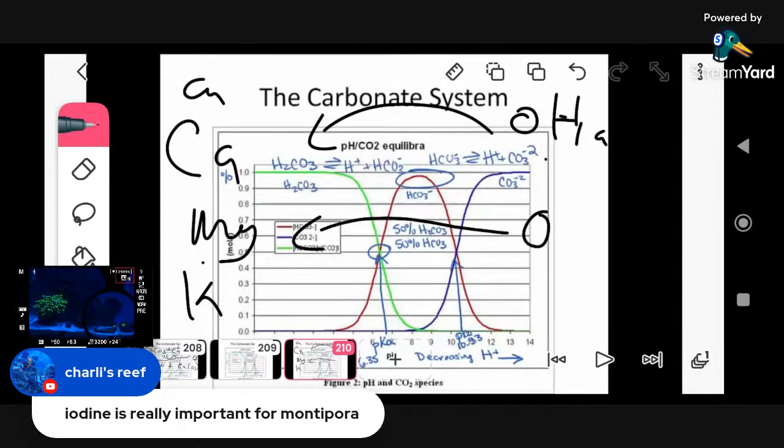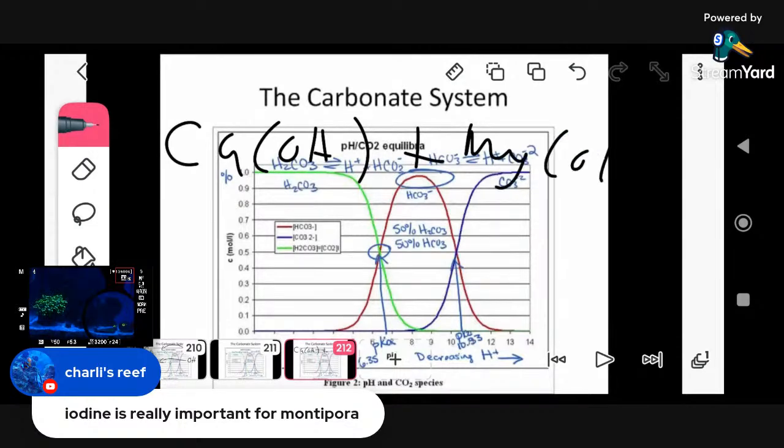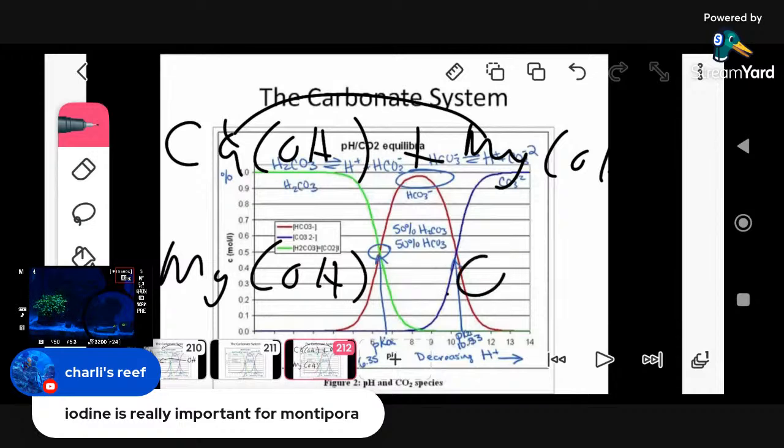Now you're going to have a reaction with magnesium when you dose your hydroxide. So you're going to have calcium hydroxide plus magnesium hydroxide, right? Let's say these two switch. Now you got the magnesium hydroxide and then you got the calcium hydroxide, right? There's no change in the water.